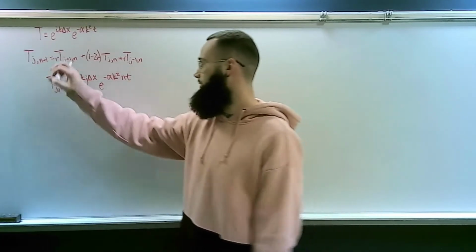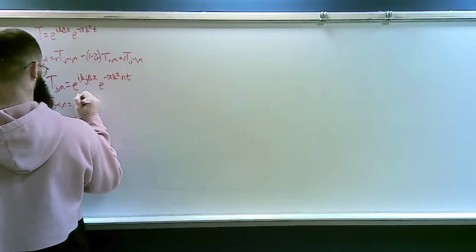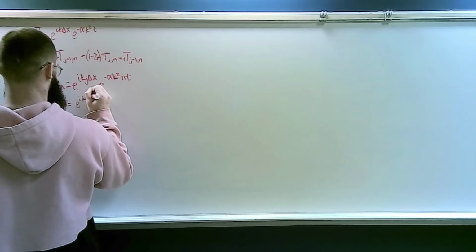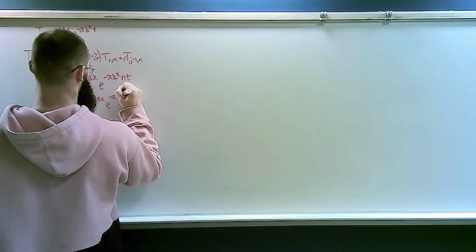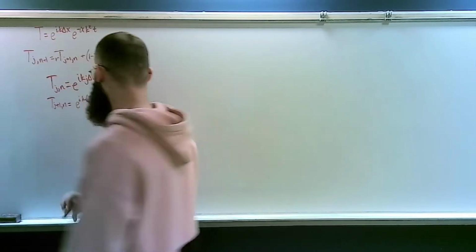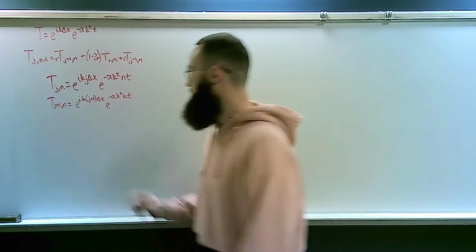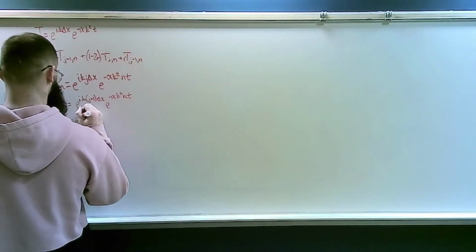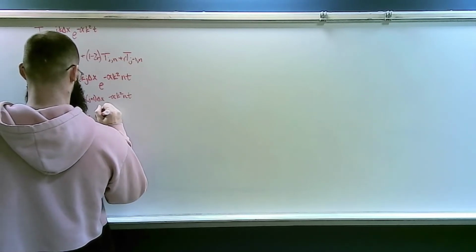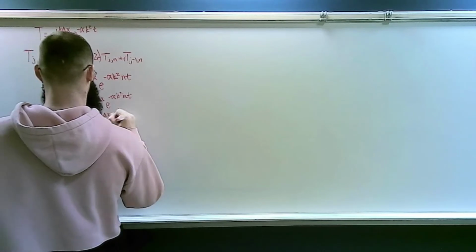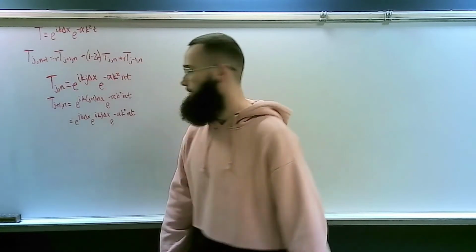So the next step is to do the same thing but with j plus 1. t j plus 1 n is equal to e to the i k j plus 1 delta x e to the negative alpha k squared n delta t. And because this j plus 1 is in here, it's going to give us an extra e term, which I can bring out now. e to the i k delta x, e to the i k j delta x, e to the negative alpha k squared n delta t.